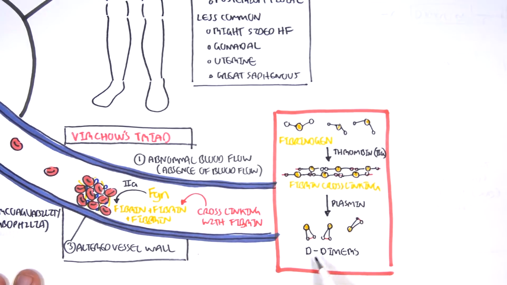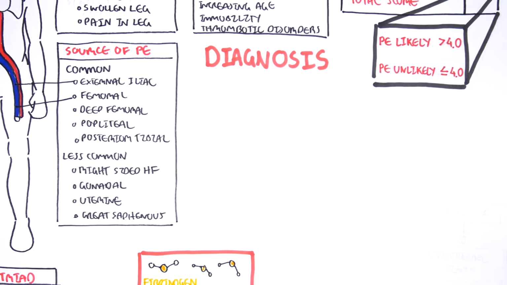These D dimers are essentially this fibrin breaking off, but the D segments are still connected with one another. And you're measuring this D dimer in your D dimer assay. It shows you what's happening in your body if you have coagulation, if you have clotting occurring.